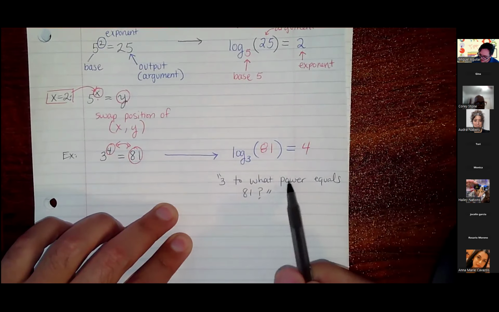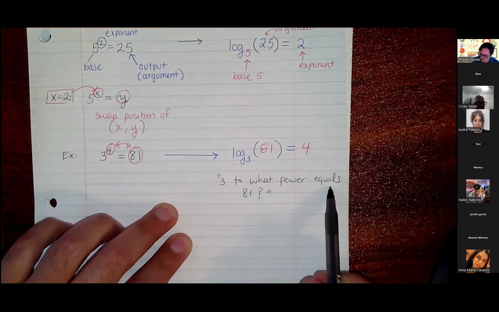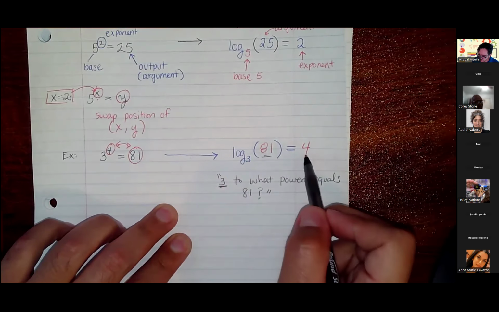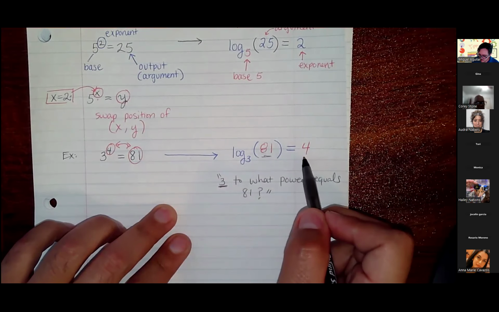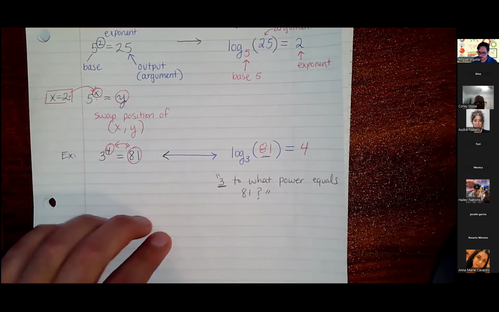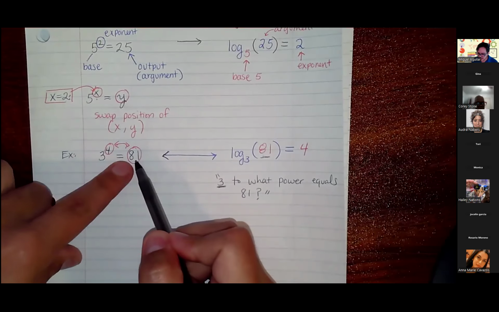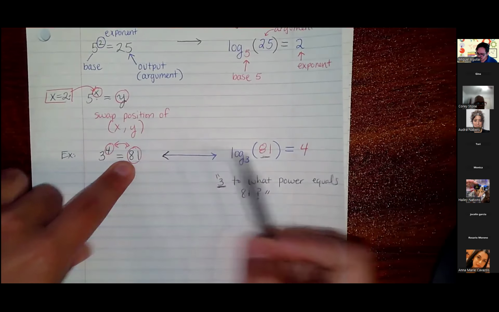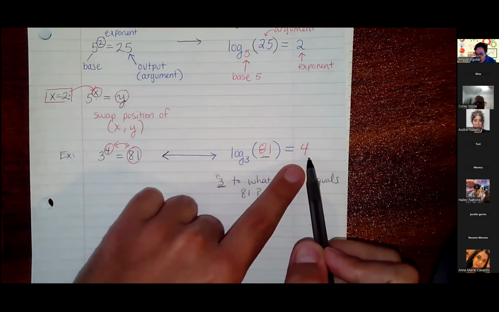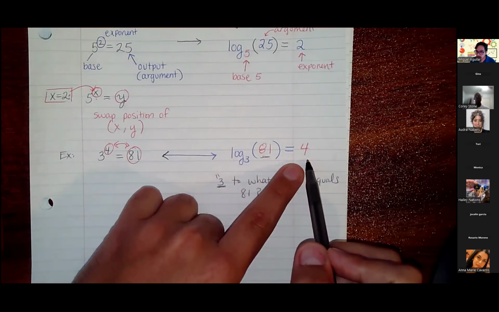So basically, it's asking you, what exponent do I need to raise this base to get this number on the inside? The fourth power. So really, these are two ways to talk about the same kind of information. 3 to the fourth power equals 81 is the same as saying log base 3 of 81 equals 4.